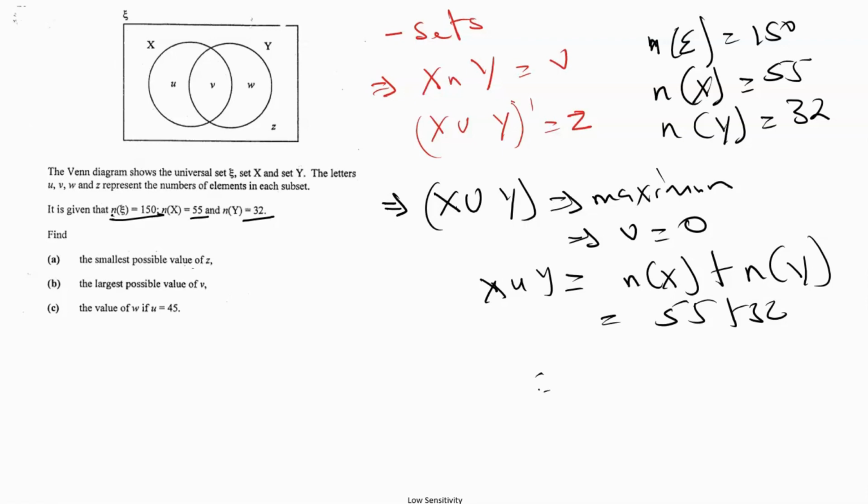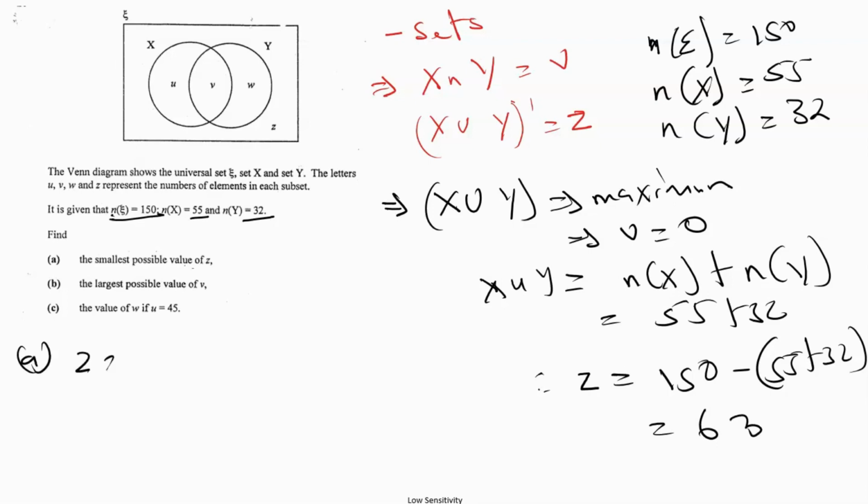Therefore, Z, to get the smallest Z, is going to be 150 minus (55 plus 32), which is going to be 63. So we've answered the first question. The smallest possible value for Z is 63.